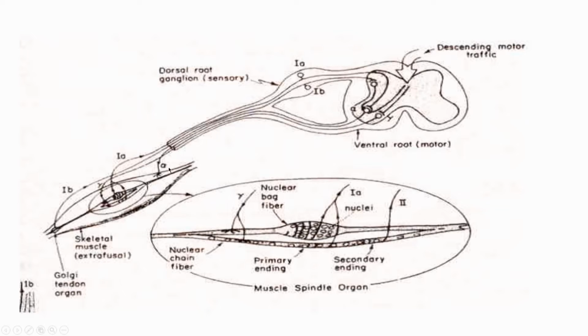And this is gamma, the gamma stimulating the nuclear bag and nuclear chain. I told you that the sensors themselves are made up of muscles, right. So, the muscle means we can stimulate it and then we can contract it. Why do we need to contract?